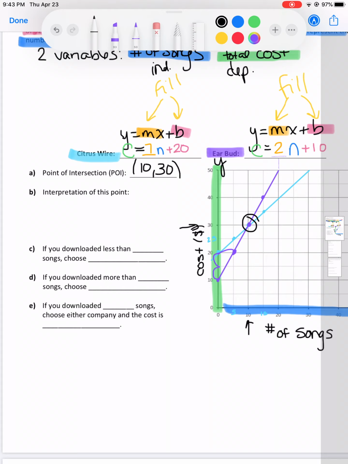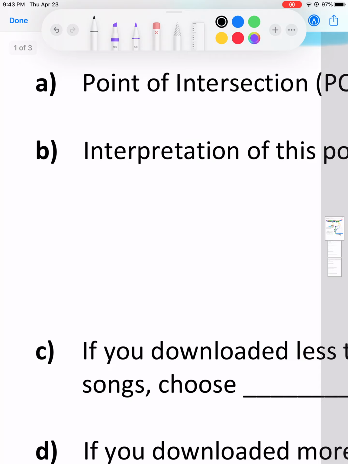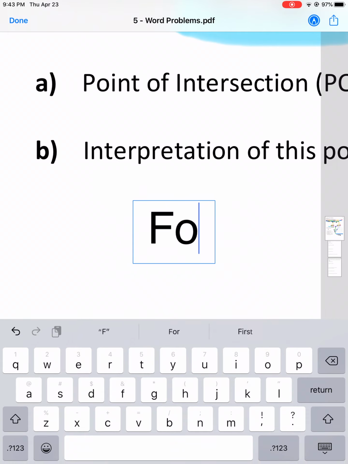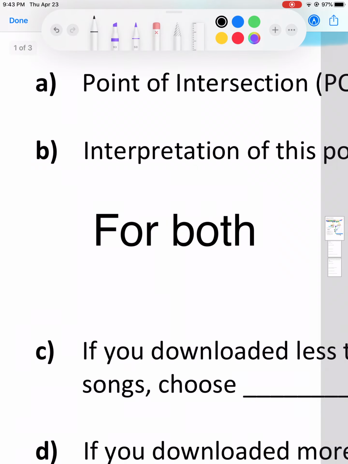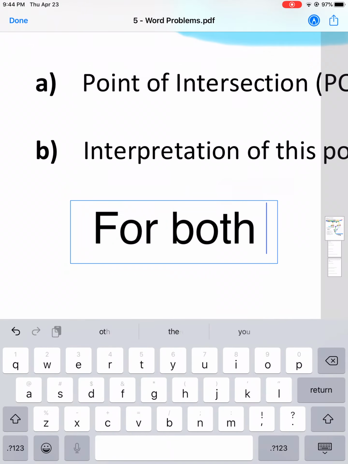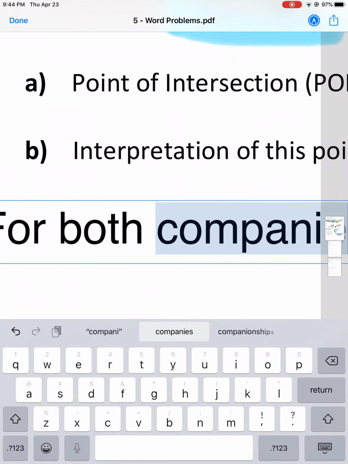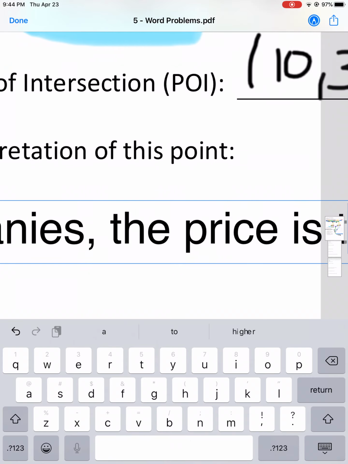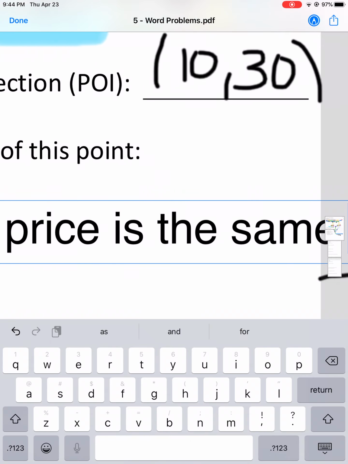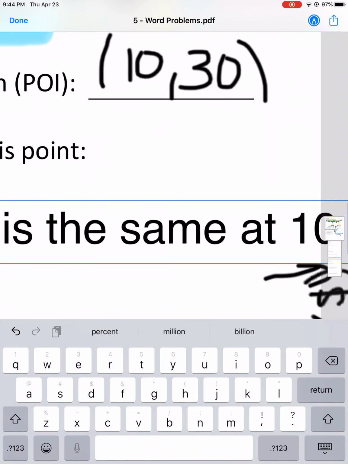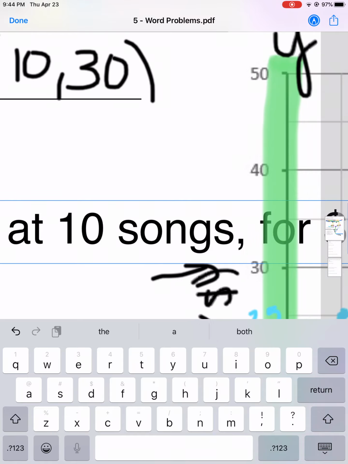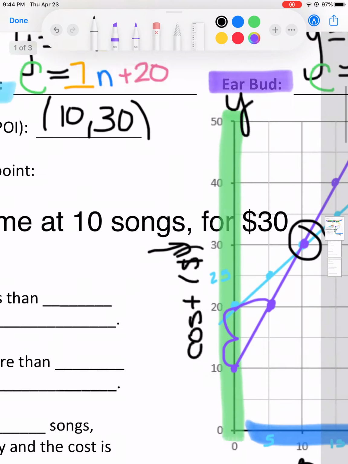Well, it means for both companies, the price is the same at 10 songs for $30. For those of you who really like English, don't mind my poor grammar skills, okay?